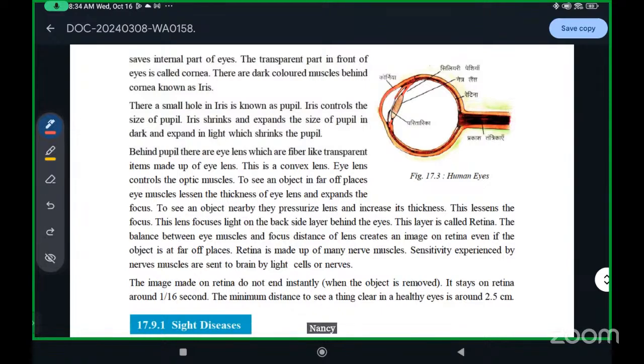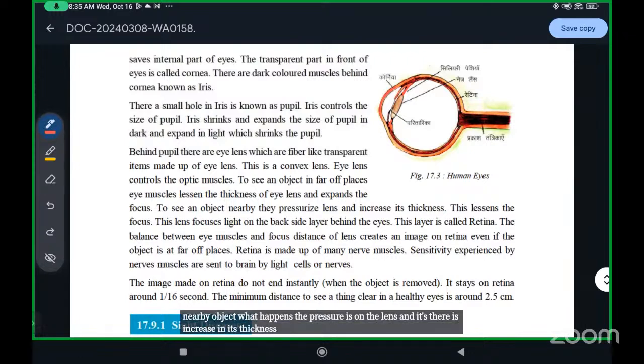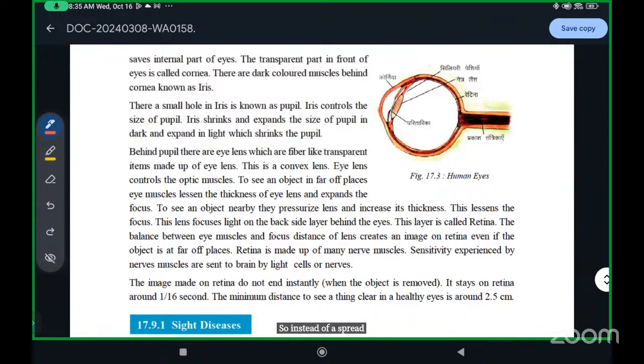When we are seeing a nearby object, the pressure is on the lens and there is an increase in its thickness, so instead of a spread out focus, the focus comes at one place.